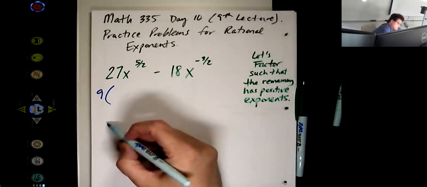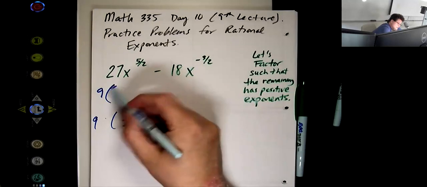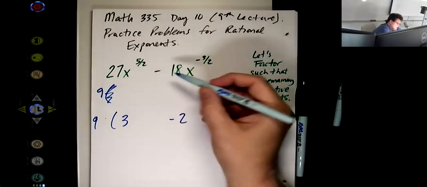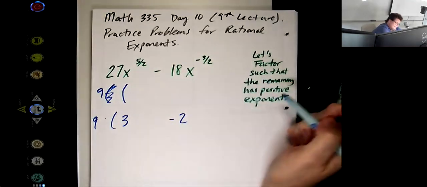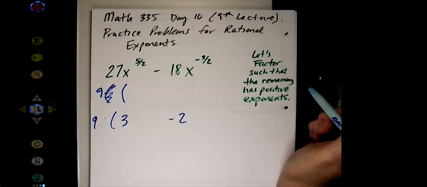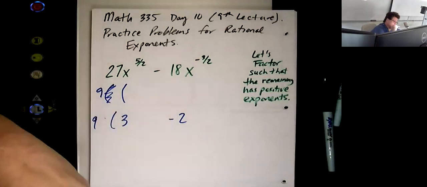Then what you want to do is find the lowest exponent for x and take that out. So in this case, x to the negative 3/2.